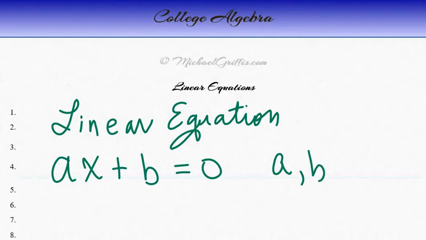A and b, we would say, are elements of R. Now, if you don't know what R is, it's all the real numbers.